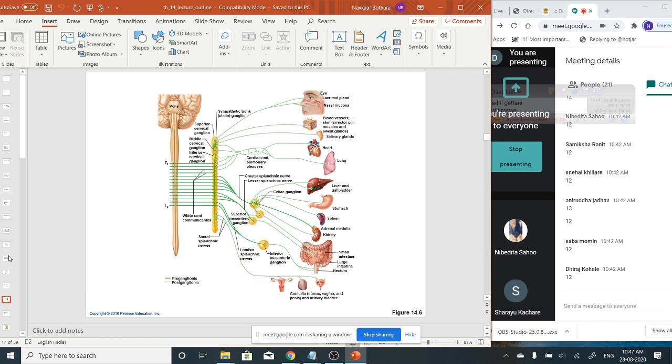It is a necklace of pearls, as we have, all around the spinal cord. These ganglia are there, and each pearl is just like one ganglion, so it is very widespread and they are interconnected. You will understand the reason. It is given nicely in Tortora that they are interconnected.